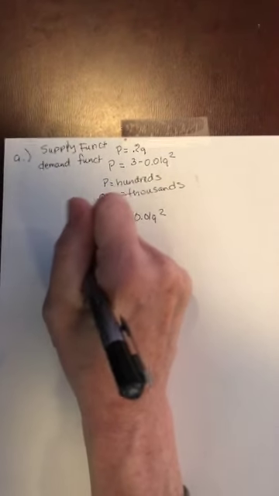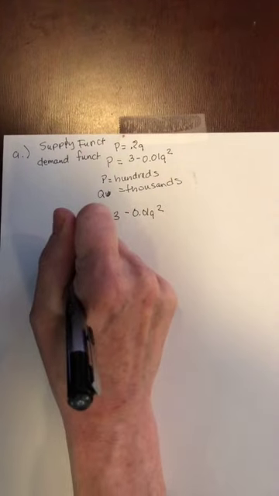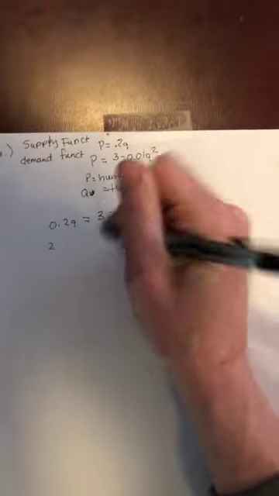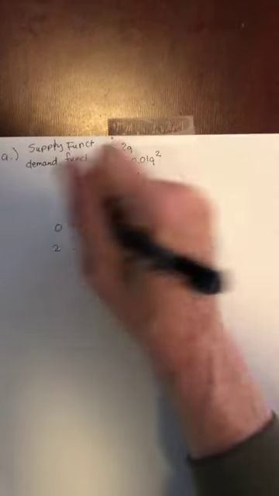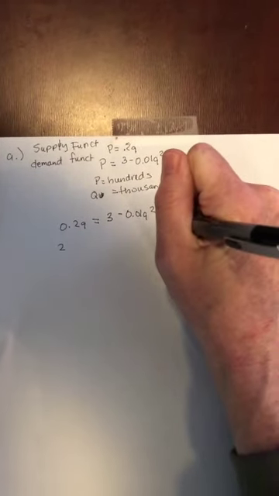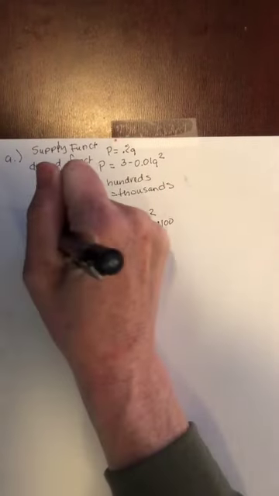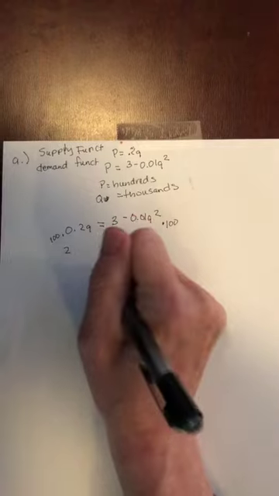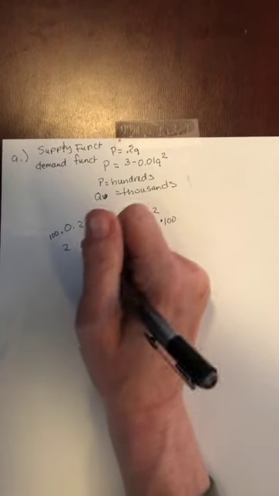And then we multiply. For me, to make it easier, I multiply both sides by 100, so that I am able to make an equation that's easier for me to solve.